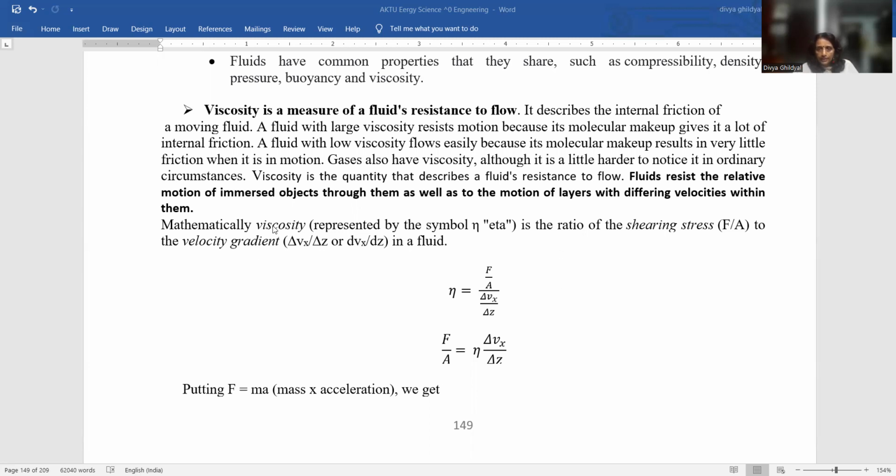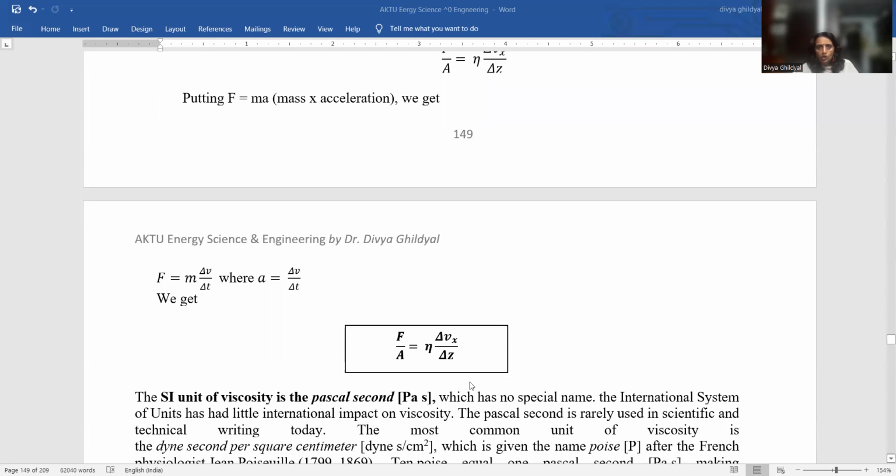So viscosity is mathematically given by shearing stress to velocity gradient, and stress is force upon area, gradient is del V by del Z. So force upon area is equal to viscosity into del V by del Z. Force is also known as mass into acceleration from Newton's law. So I put acceleration as rate of change of velocity here.